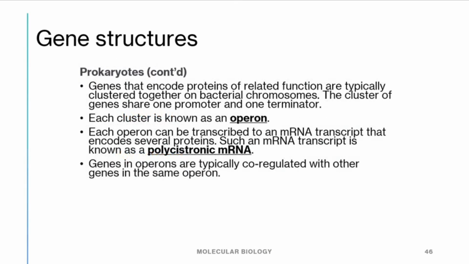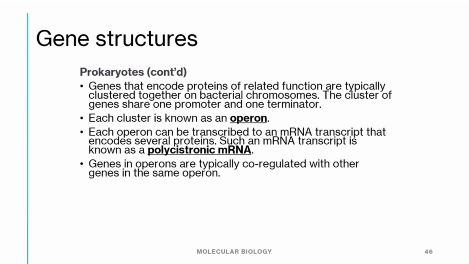But one thing that's interesting about prokaryotic cells is that genes that encode proteins which function together will usually also be located together on the bacterial chromosomes. So the cluster of genes will actually share one promoter and one terminator. So you can imagine once the promoter is activated, multiple genes are going to be transcribed and translated eventually. So each of these clusters of genes is called an operon.